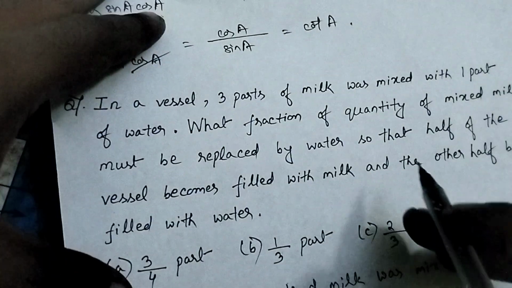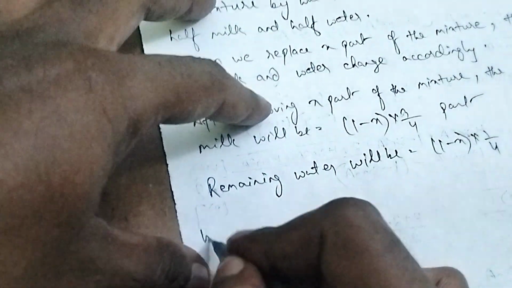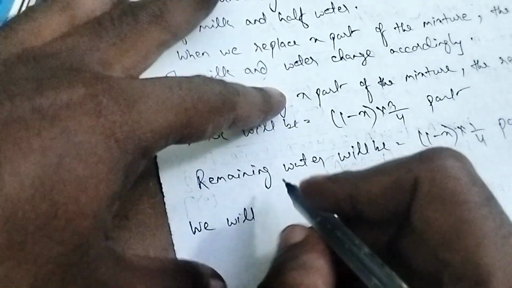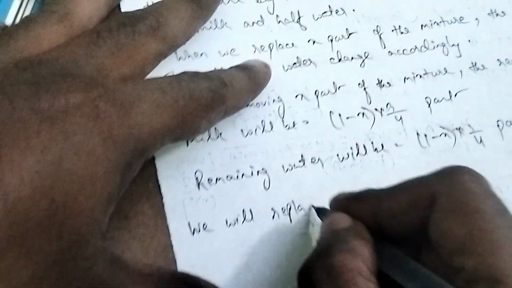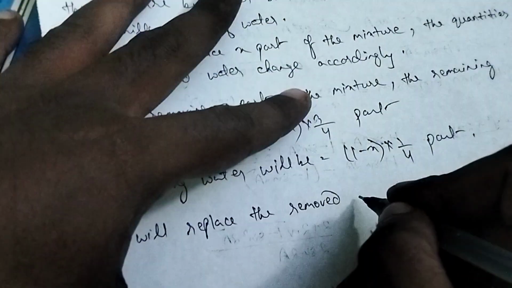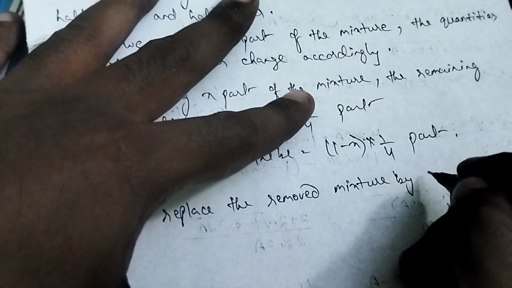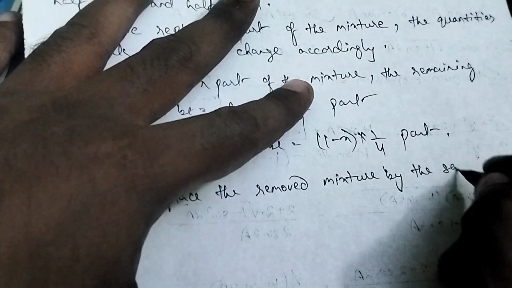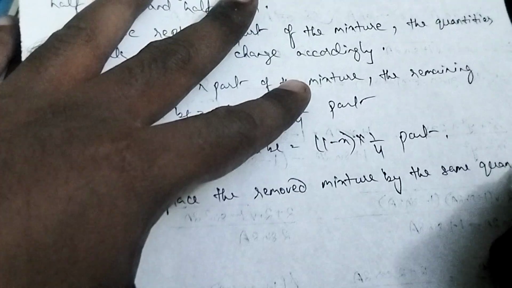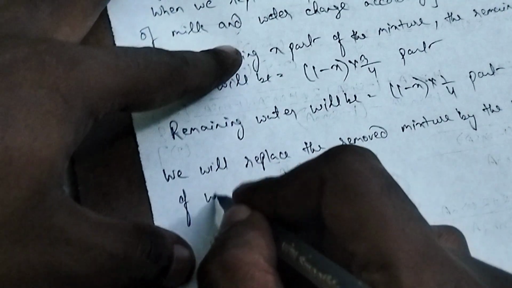Now it has been said that what fraction of quantity of mixed milk must be replaced by water. So now we will replace the removed mixture by the same quantity of water.